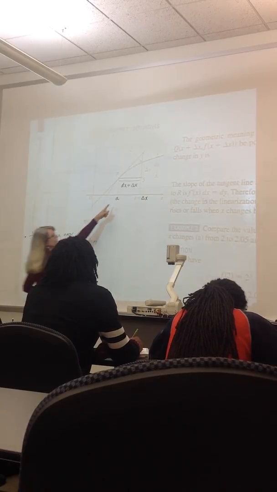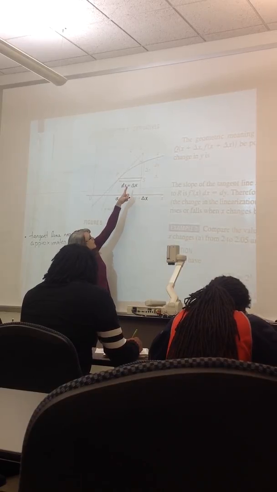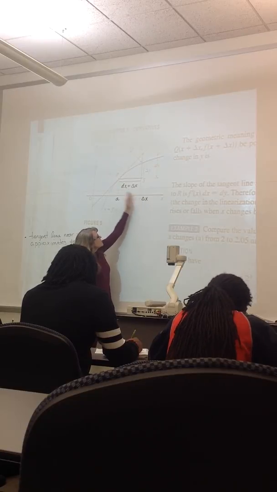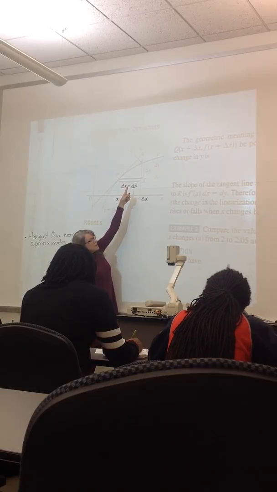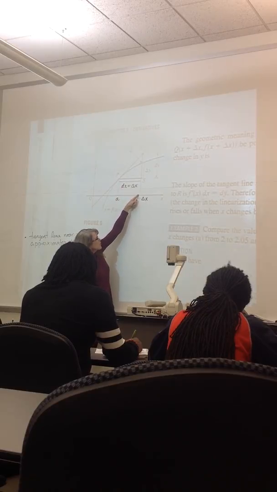Well, if I move over here, whether I'm evaluating the function or whether I'm evaluating the tangent line, the amount that I changed x is the same whether I'm focusing on the function or on the tangent line. If I move over by 0.01, I move over by 0.01. So that's what we mean by dx is equal to delta x.